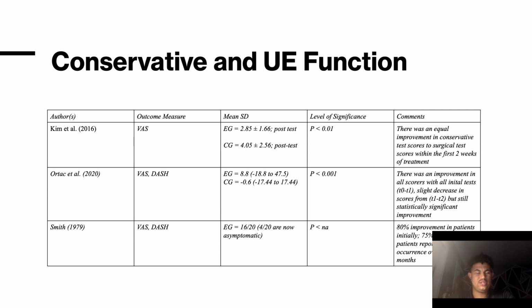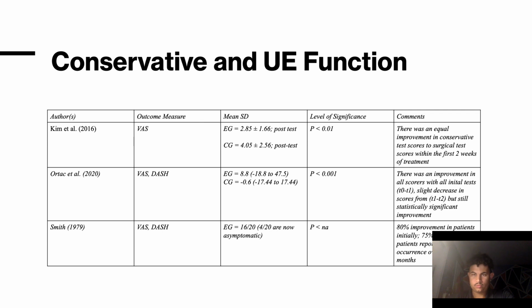The p-score was not labeled there, but how the patient went on about conducting the experiment is explained in the box. There was an 80% improvement in patients initially, and then 75% of the initial 80 stated that they had little to no occurrence in months after they received conservative treatment.